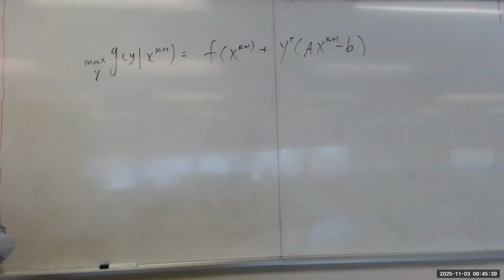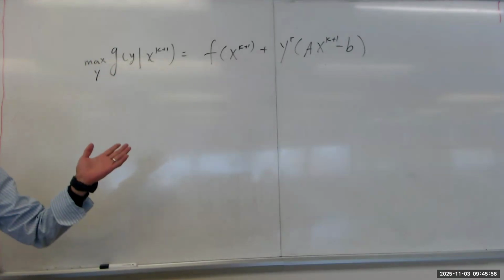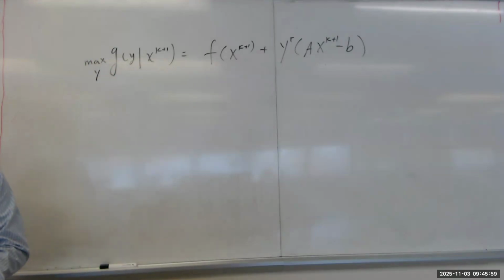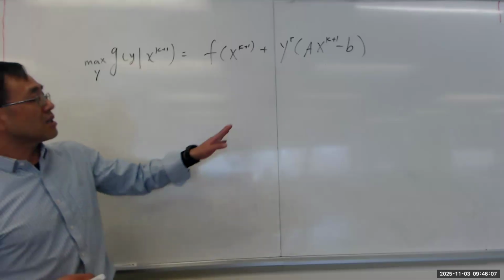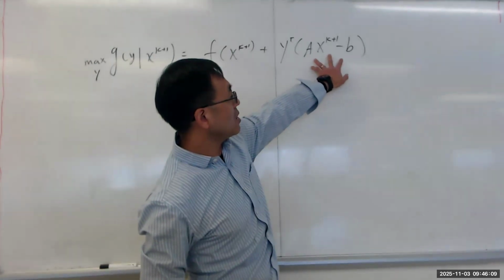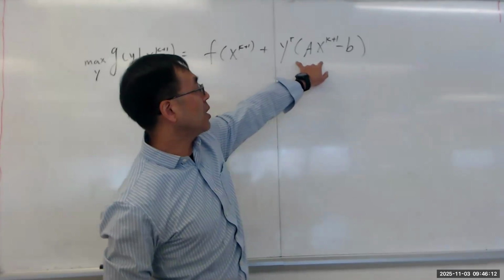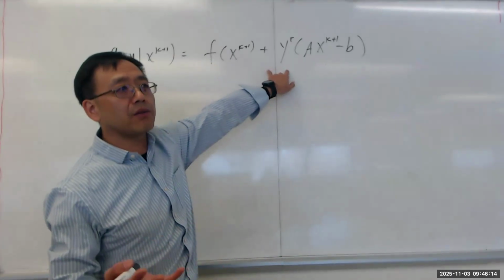Now if you look at this function and maximize it, what should the maximum be? y can be anything, right? What is the maximum value of this function? It's infinity, because as long as Ax_{k+1} minus b does not equal 0, y can be either infinity or negative infinity.